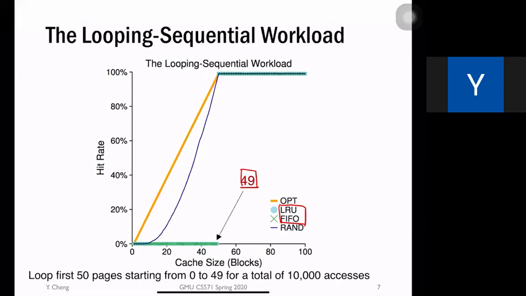It's because LRU tries to predict the future, but uses the historical data to predict the future. But within this looping sequential workload, there's no pattern at all to capture. It's just simply scanning through the very first 50 items from 0 to 49, and then looping back, back and forth.